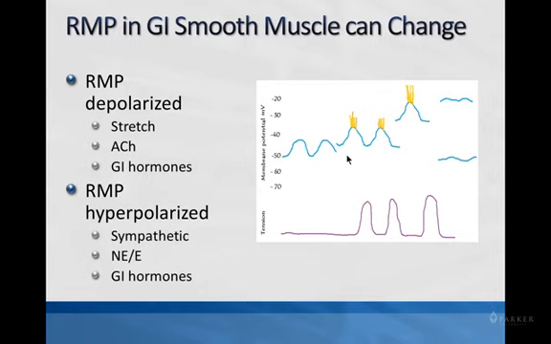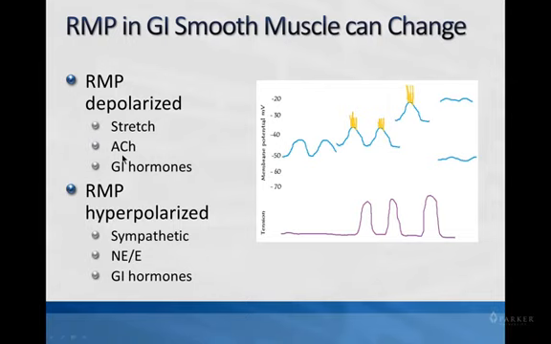If you stretch that muscle, you're going to make these calcium channels leakier. Just mechanical stretch will allow more calcium to enter, or depolarize it, making it more likely to reach threshold and generate an action potential. Another is acetylcholine.